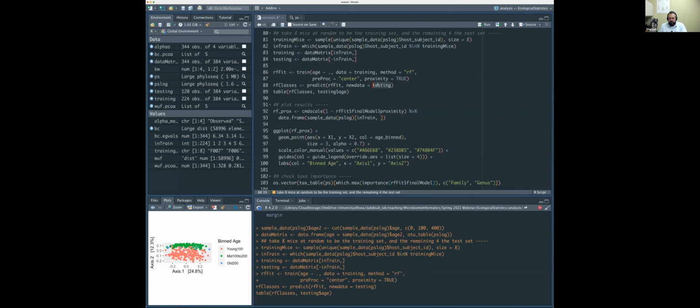Okay, it's taking a little bit longer than I expected. But this is the same with any of these classification training methods, in that they're split up into training and testing.